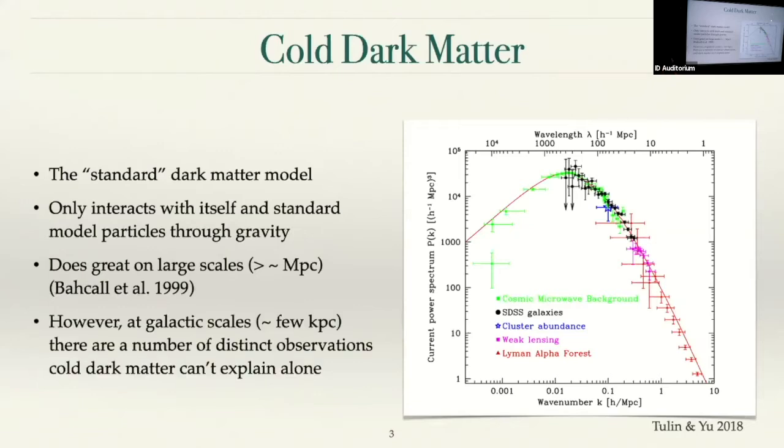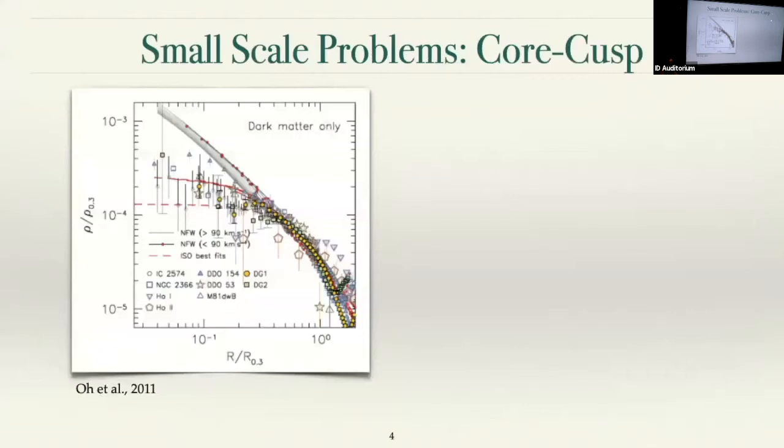Okay, so even though cold dark matter does a good job on large scales, so scales above a megaparsec, there have been a number of observations that show that cold dark matter alone can't solve all of the problems at sort of galactic scales, so few kpc scales. And here is everybody's favorite small scale problem, which many of you I know have worked on in this room. But for those who aren't familiar, on the left-hand side, I'm showing a dark matter density profile.